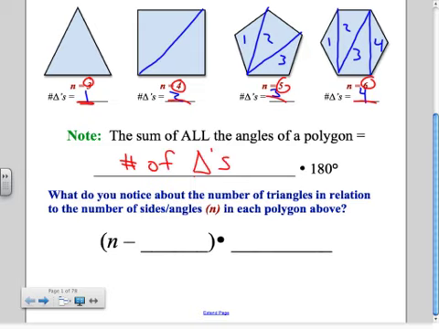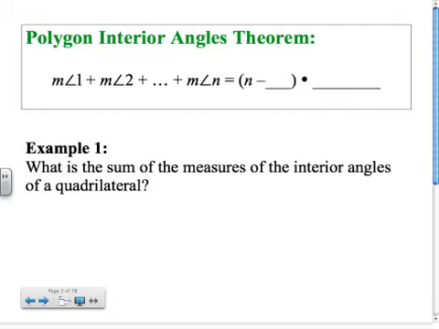And as I said already, we know that the number of triangles is given by the expression n minus 2, times 180. So this formula right here is the big one. That's the one you need to memorize. That's the one you have to know. N minus 2 times 180, where n is the number of sides. So again, this is just saying that same theorem over again. Okay, n minus 2 times 180 degrees.